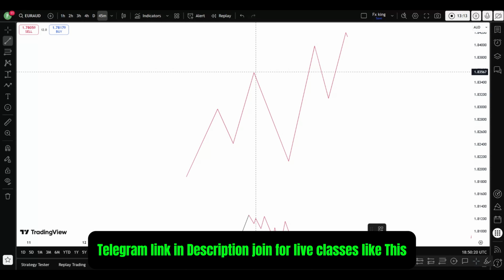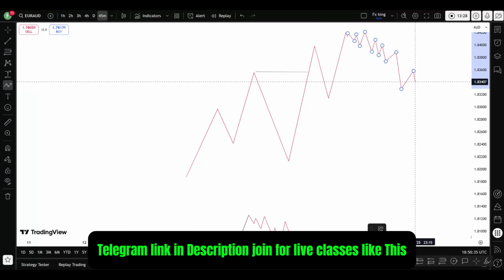So we can clearly see we have our break of structure at this point. Now, if this move starts retracing like this, creating higher highs, higher lows, lower lows, lower highs, and so on.